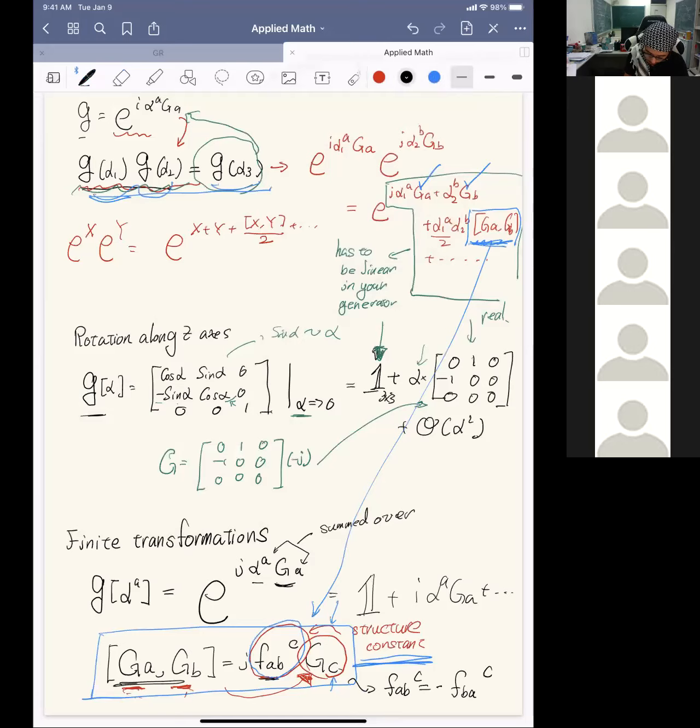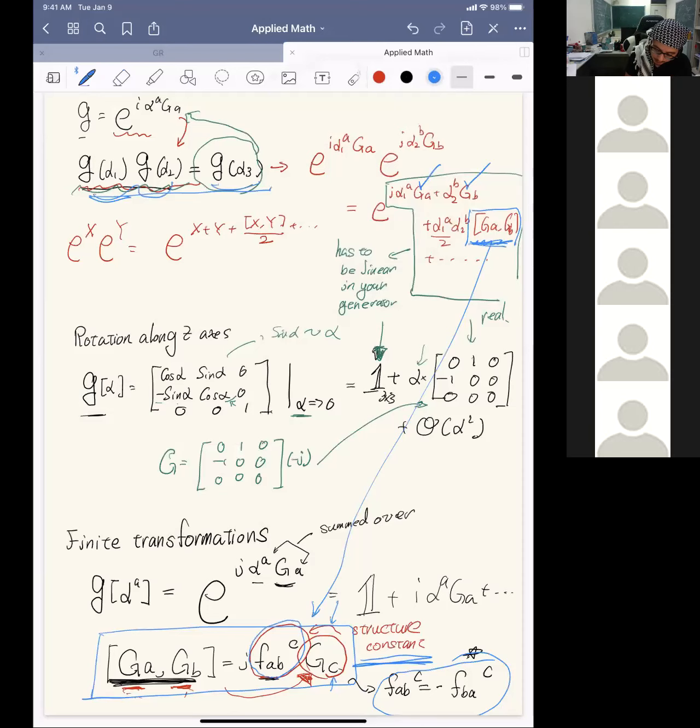Because the commutator is antisymmetric. Okay. So f^{ABC} will be a very important object. And in fact, as you've learned in your applied math class, f^{ABC} actually defines the group. You can use f^{ABC} to define the entire group. The entire group structure is encoded in f^{ABC}.